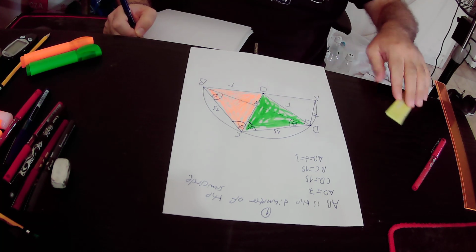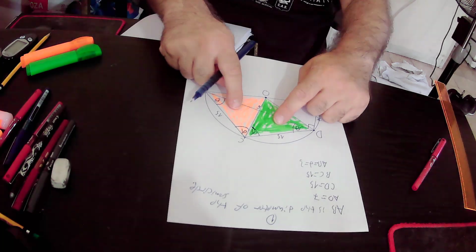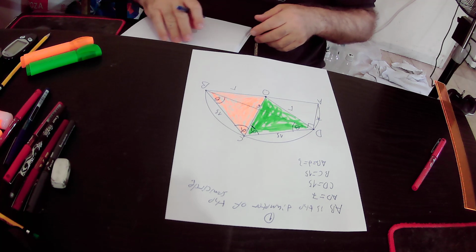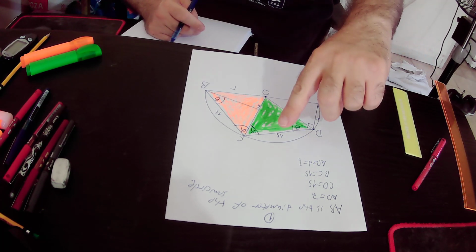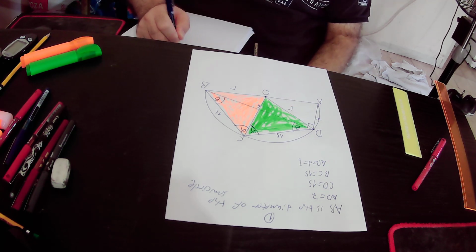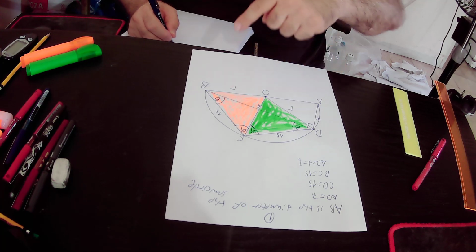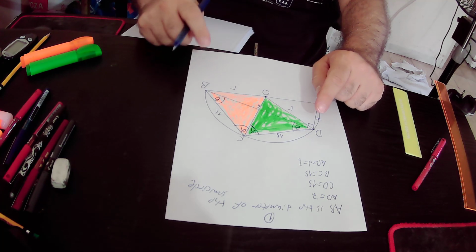We will focus on those two triangles. On those two triangles, we know that side DC of the green triangle is equal to side CB of the orange triangle. Both those two sides are equal to 15 units in size.